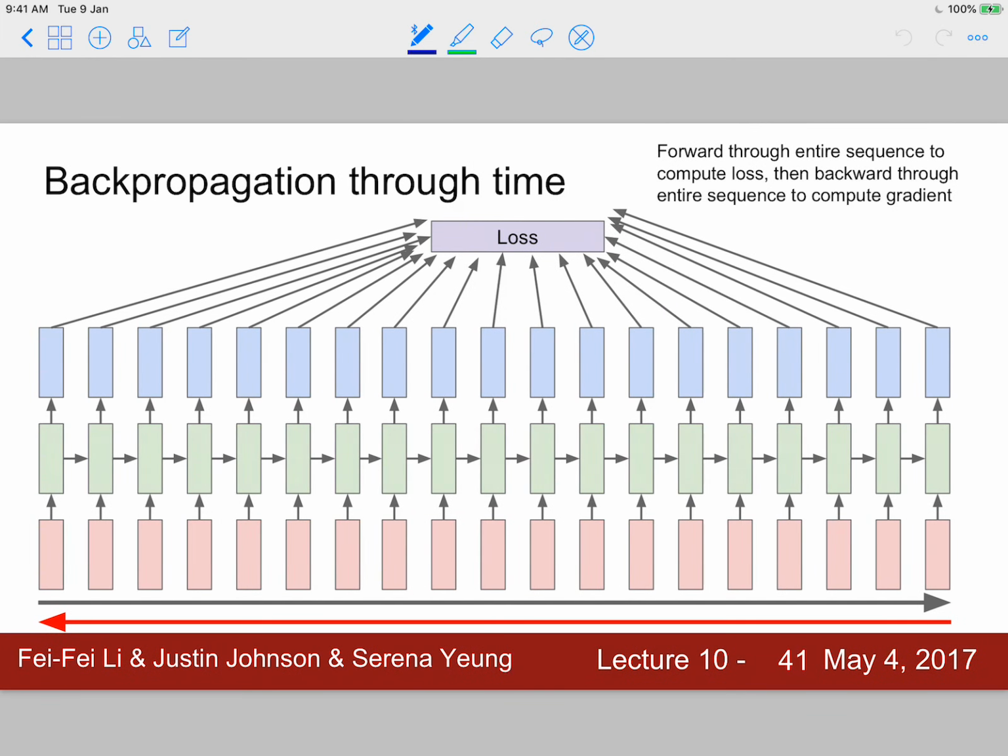We'll also have the recursive formula just like that, which is ht minus 1 is tanh of a times xt minus 1 plus b times ht minus 2 plus c, right? So this will be the common formula that we apply in the recurrent neural net.